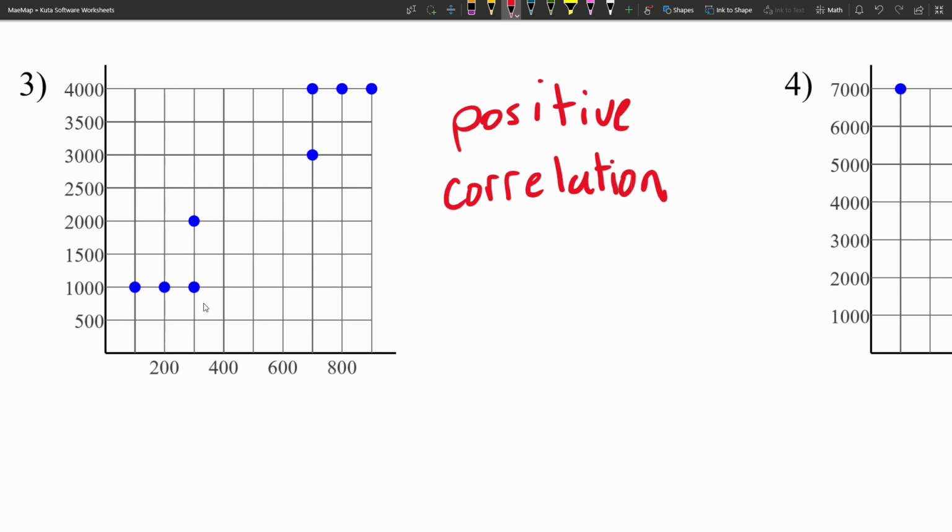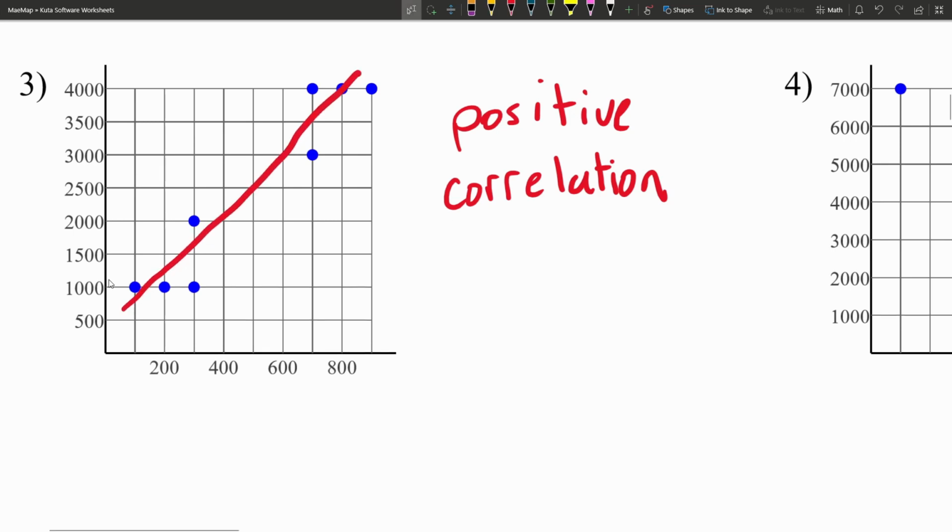Also, because it's a correlation, we need to decide whether it's linear or nonlinear. Unlike number 1, where we had that very distinct curve, this one I would probably say is linear. If we were to try to draw a line of best fit, a line that fit these points the best, it would probably look something like this.